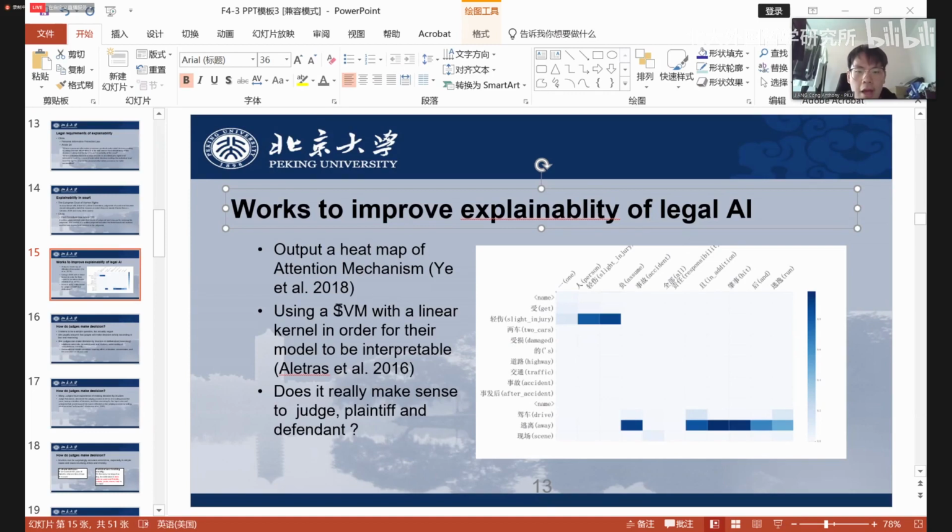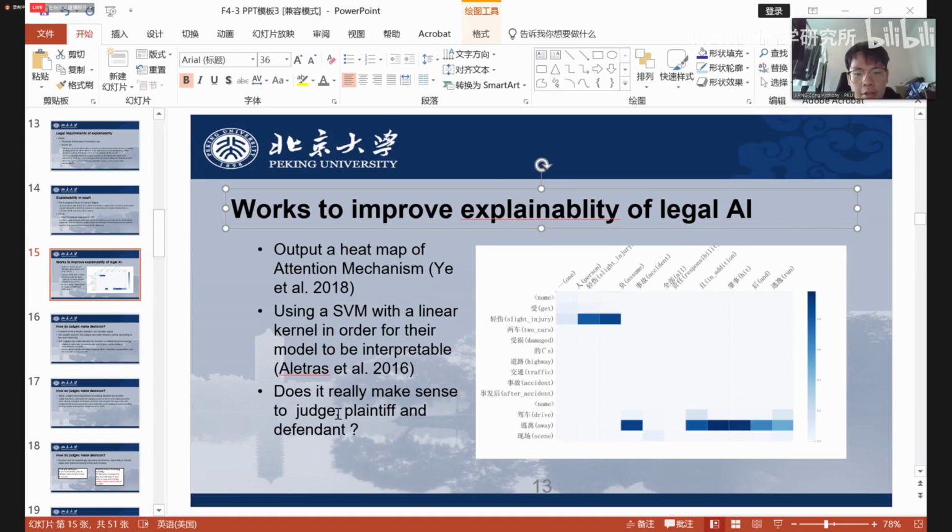And there are also other ways to improve explainability, such as to use a linear model, to use an interpretable model to substitute the deep learning model. But there is a problem.